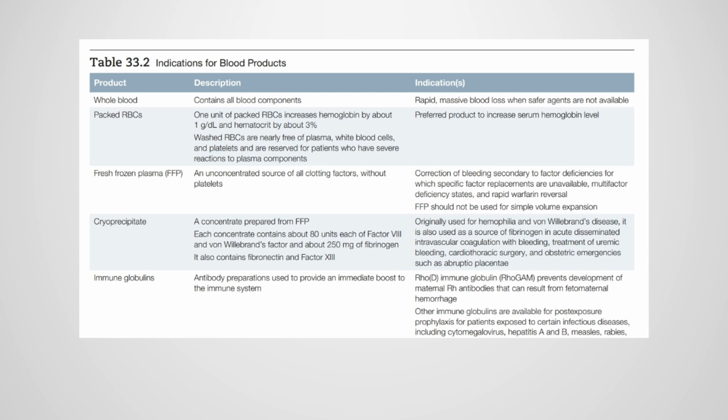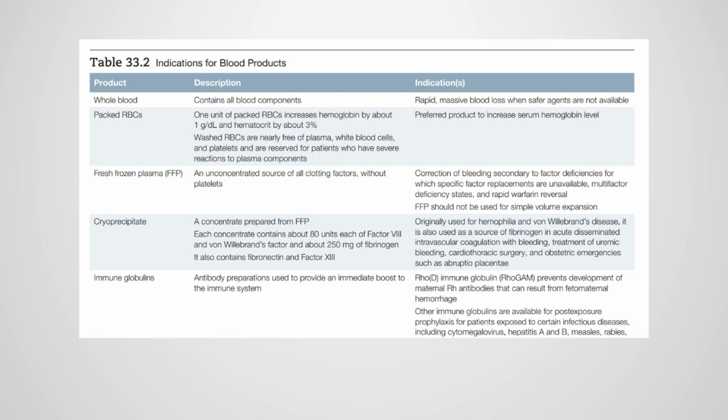RhoGAM is an antibody. RhoGAM is used in pregnant women that are Rh negative, and the fetus, which is likely Rh positive, can share blood with the mother. So there's Rh positive blood going into the maternal bloodstream, and it's going to sensitize the mother to make antibodies to the Rh red blood cells of the fetus of the next pregnancy, which can harm the fetus.